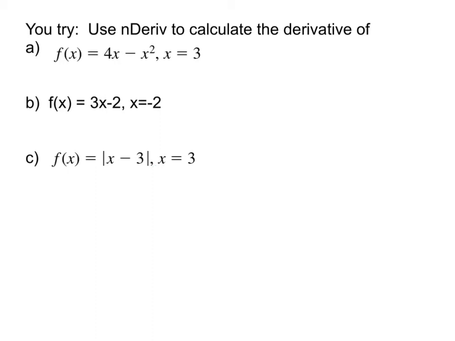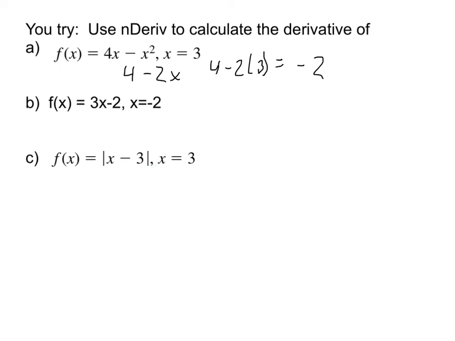Okay, so hopefully for the first part, the derivative would be 4 minus 2x, so we plug in 3 and get 4 minus 2 times 3. Hopefully your calculator gave you negative 2 for the value of the derivative at x equals 3 for the first one.